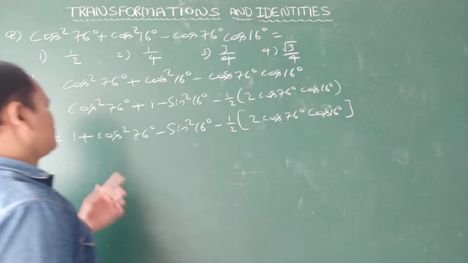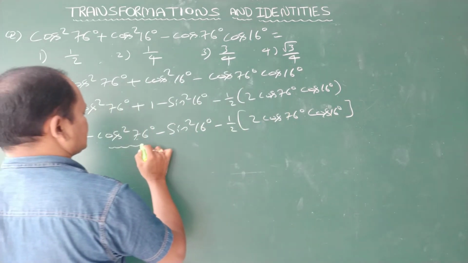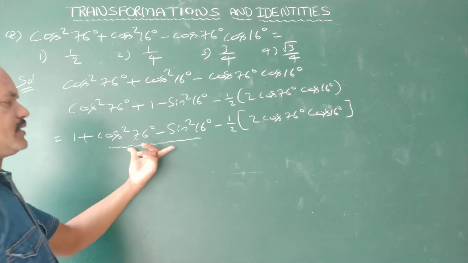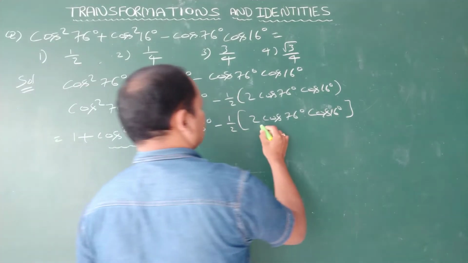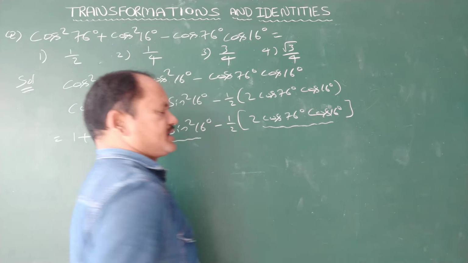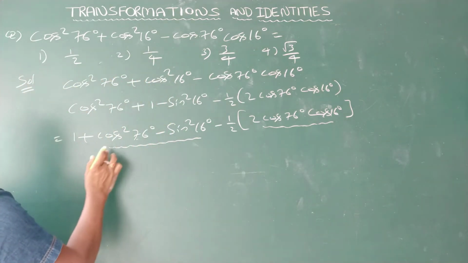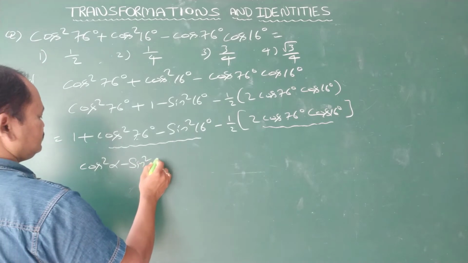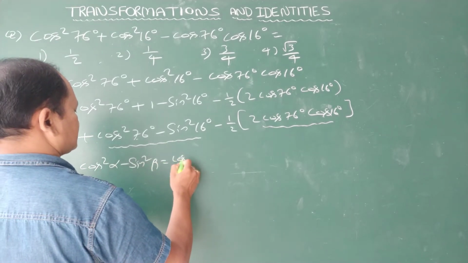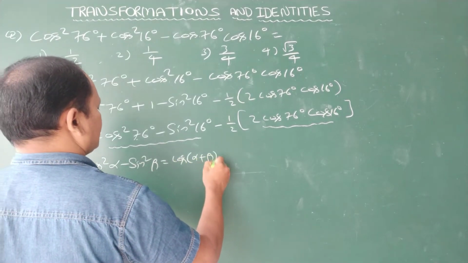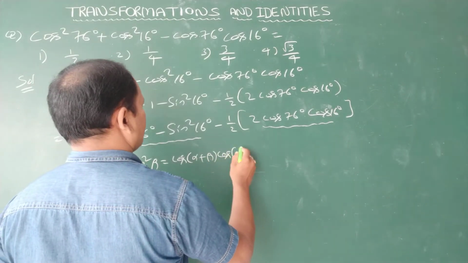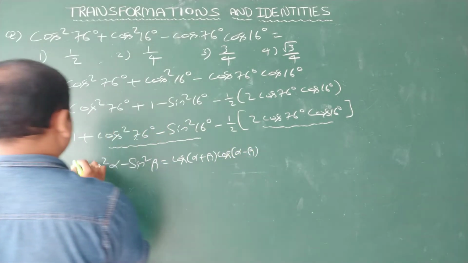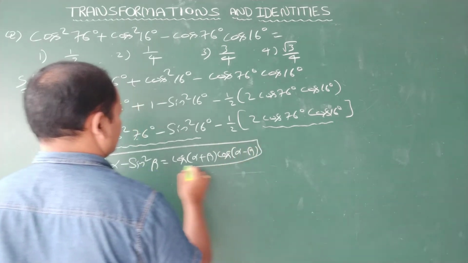Now observe. Here this represents a product of cosine expansions, and here this represents a sum of cosine expansions. Now the formula: cos square alpha minus sin square beta is cos alpha plus beta into cos alpha minus beta. So this is the formula for this one.